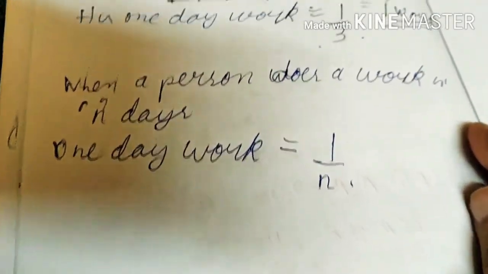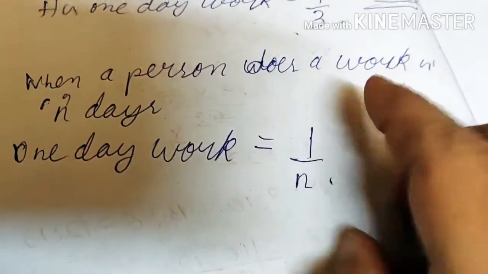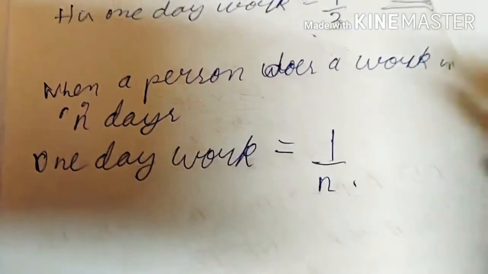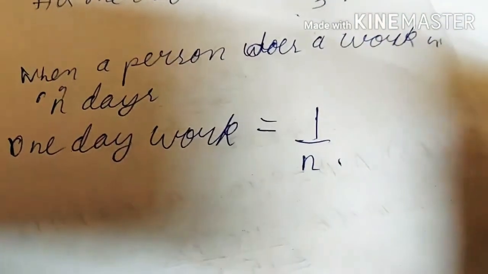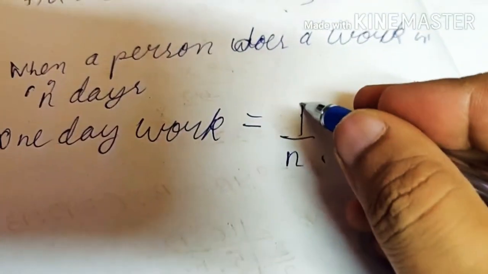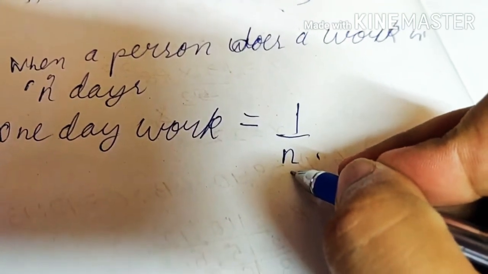Means on the first day he will do 1/n work, second day also 1/n, third day also 1/n. Means 1/n is the 1 day work that he will do. Means 1 is the total work and n is the number of days.